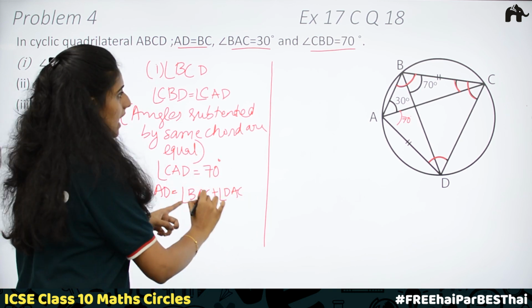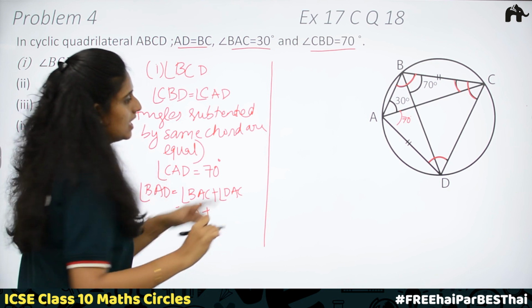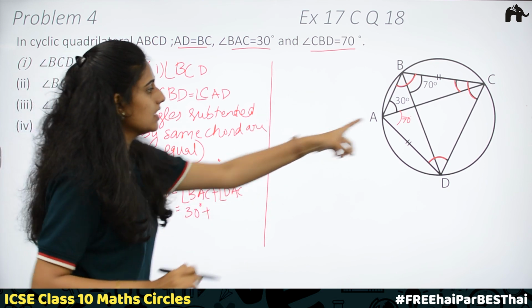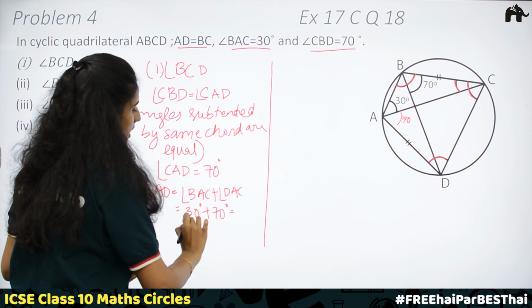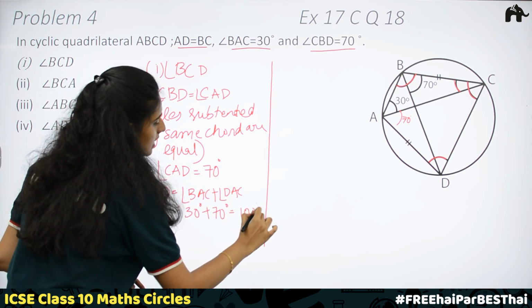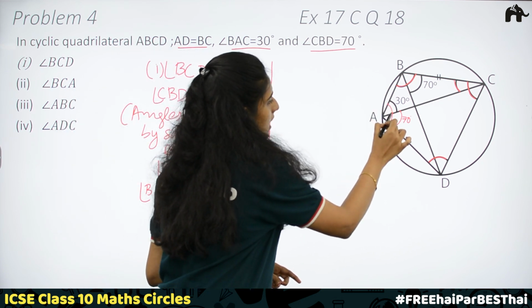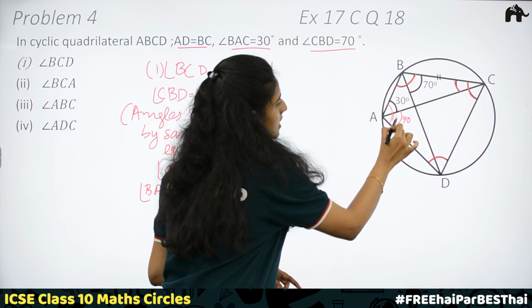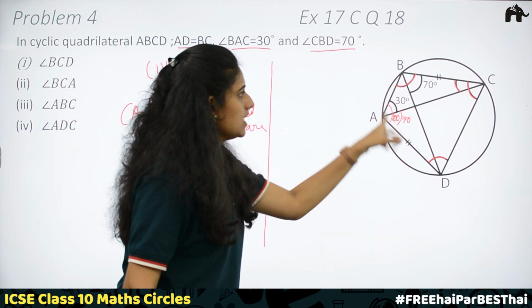BAC is given in the question as 30 degrees, plus DAC we have determined as 70 degrees, that is equal to 30 plus 70, 100 degrees. So, we are getting this angle BAD equal to 100 degrees. Okay. This total angle BAD is 100 degrees.